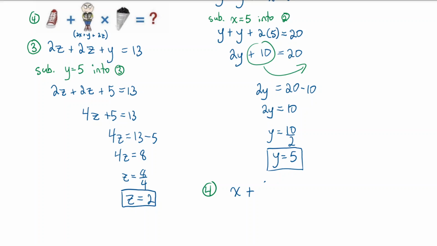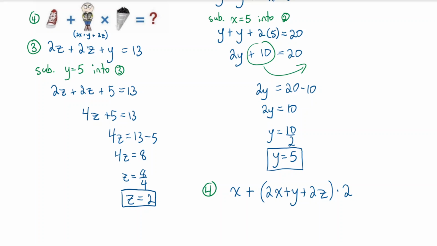All right, let's put in our equation. So we have in our equation now 2x plus y plus 2z. That is going to be multiplied by the cone, which is a single cone, which is 2.